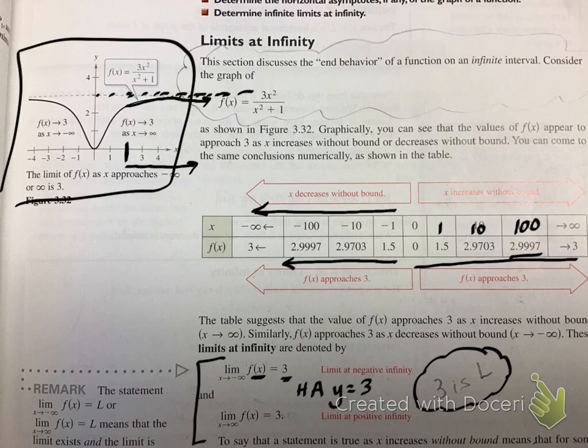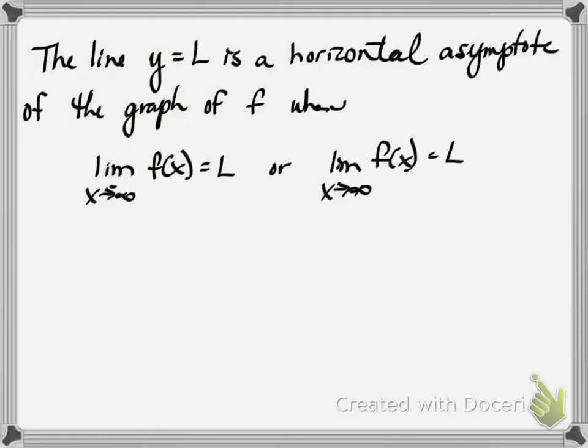Same thing for the limit as x approaches positive infinity of your function. If that value is 3, then that means there's a horizontal asymptote. So the line y equals L is a horizontal asymptote of the graph of f when the limit of the function as x approaches negative infinity is L, or the limit as x approaches positive infinity is L.